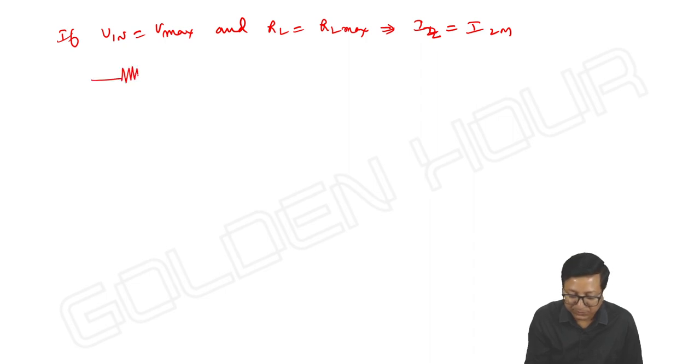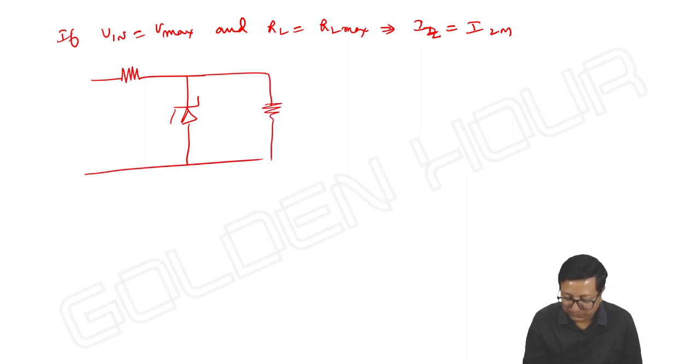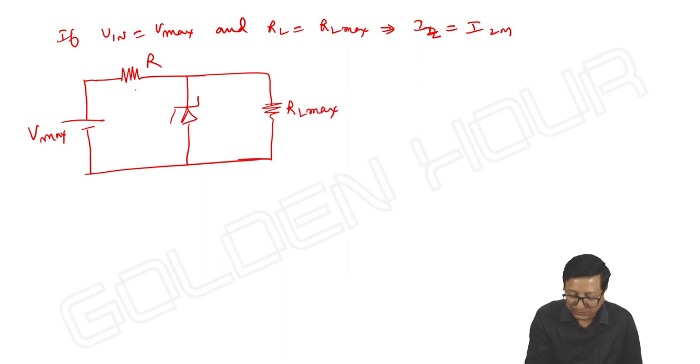So take the circuit. Input is maximum, and RL is maximum. As input is maximum, I can take this current as I maximum.